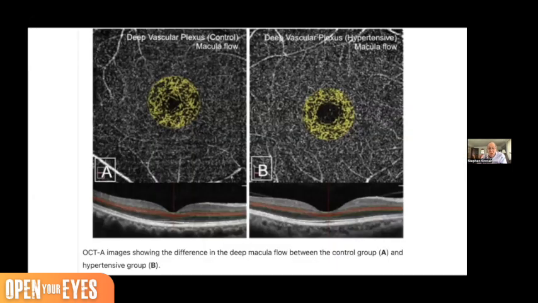So when we look at the outer plexus, it's supplying the middle nuclear layer. Look at the defects also in these capillaries that are just outlined in red here just to show them better. So I'm saying we need to really think about multiple layers and how this affects your vision.